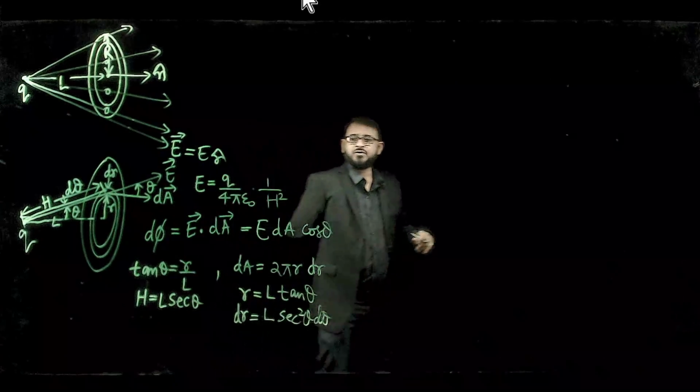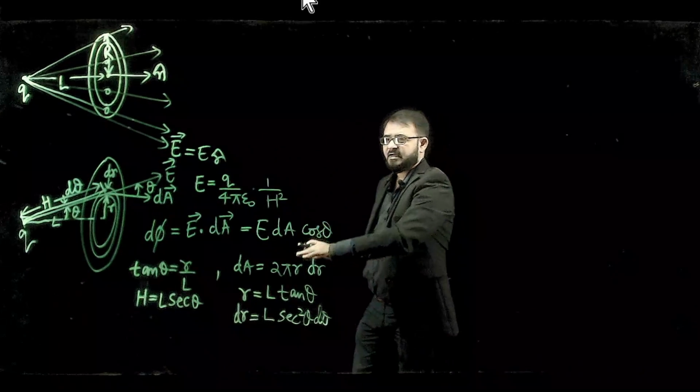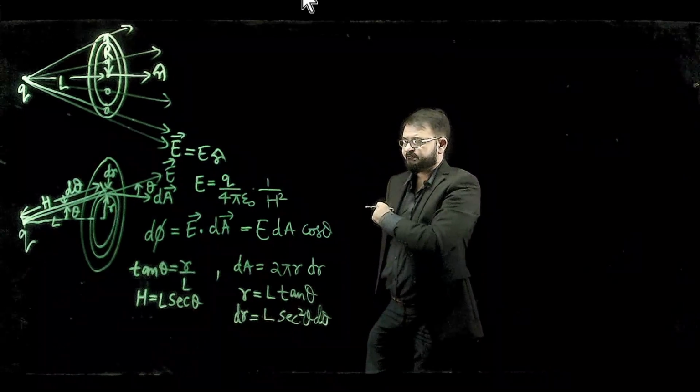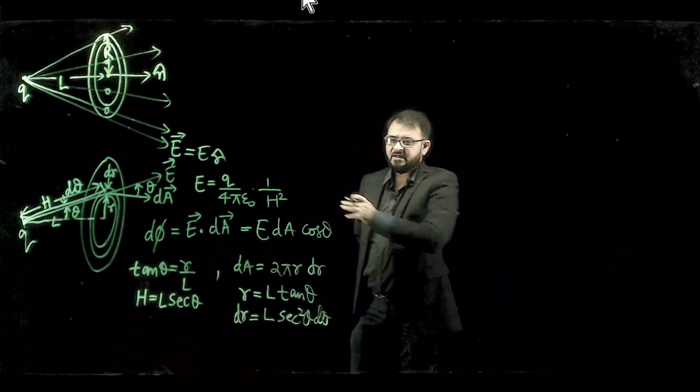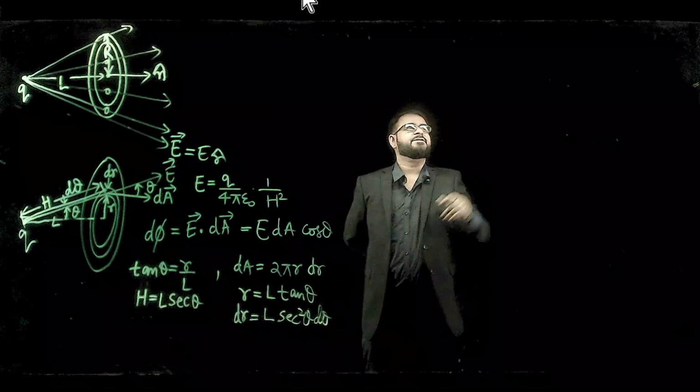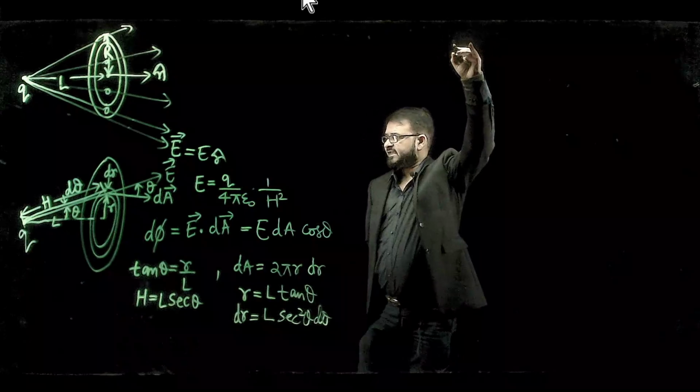All right. So now we have got all the relations necessary to do this calculation. Okay. I think after you follow my line of thought, you will be able to do it easily. Okay, so let's begin here.